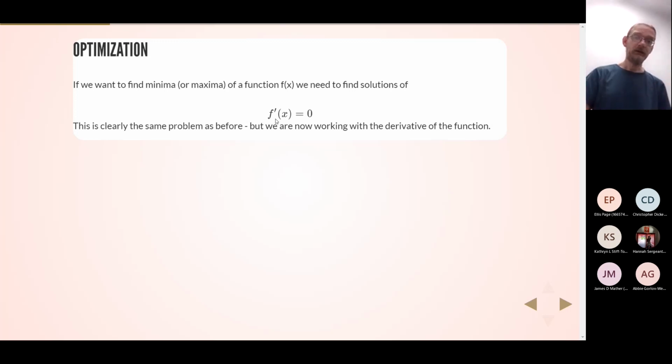Going back to calculus, if we want to optimize a function, we find the extremes by finding where its derivatives are equal to 0. That is exactly the same problem as root finding, but instead of finding the roots of f(x), we're looking for the roots of the derivative of the function. So it's basically the same thing.